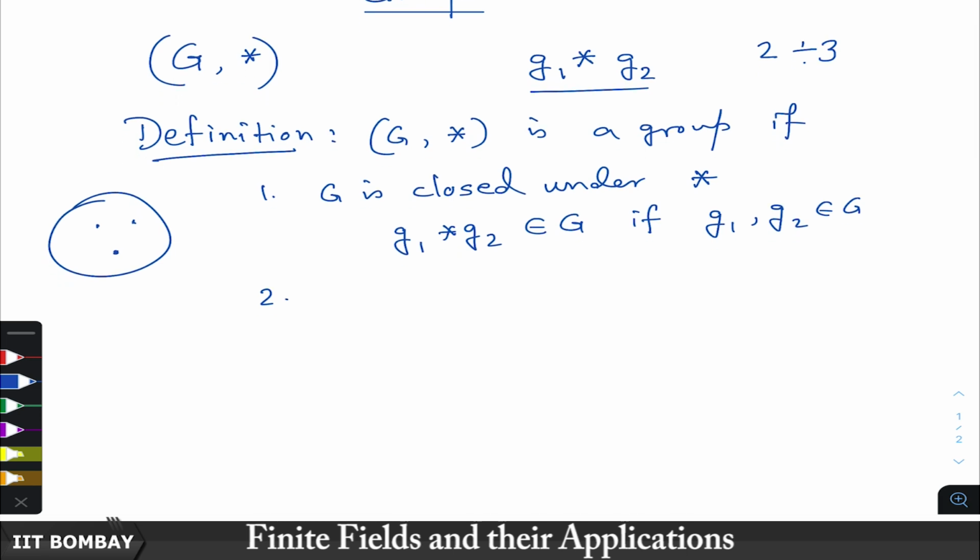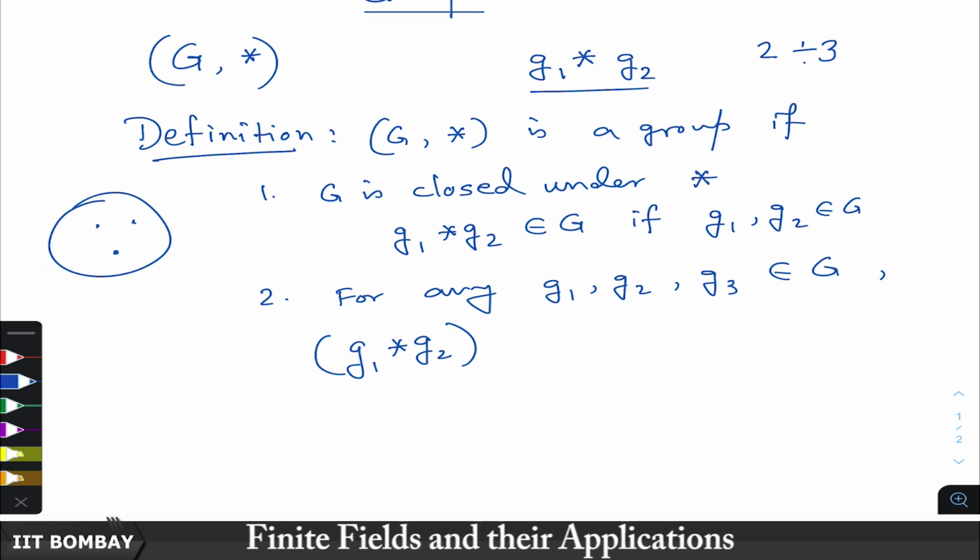Now, two, the operation is associative, which means that for any G1, G2, G3 in G, G1 star G2, that whole thing, star G3 is the same as first taking G2 star G3 and then taking G1 star that result.